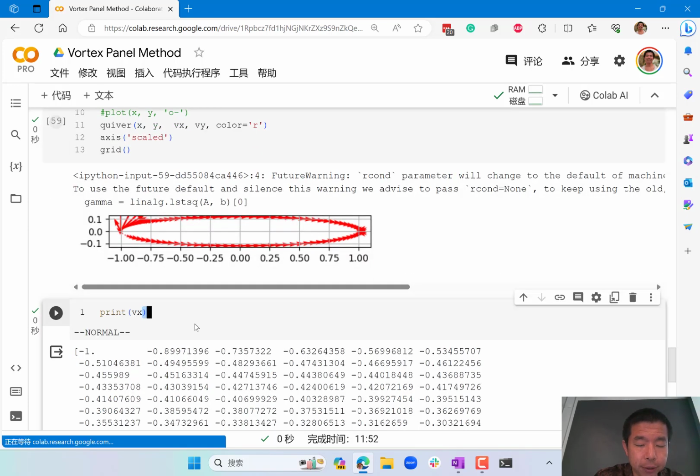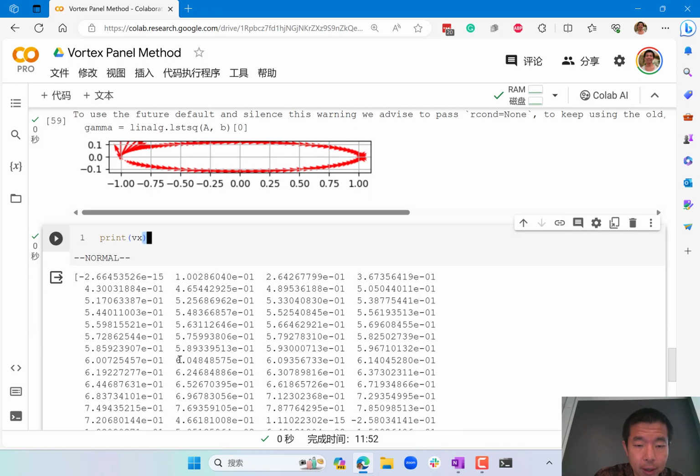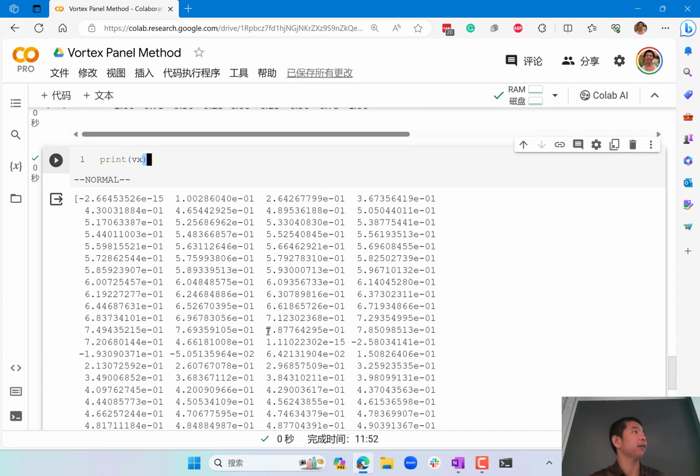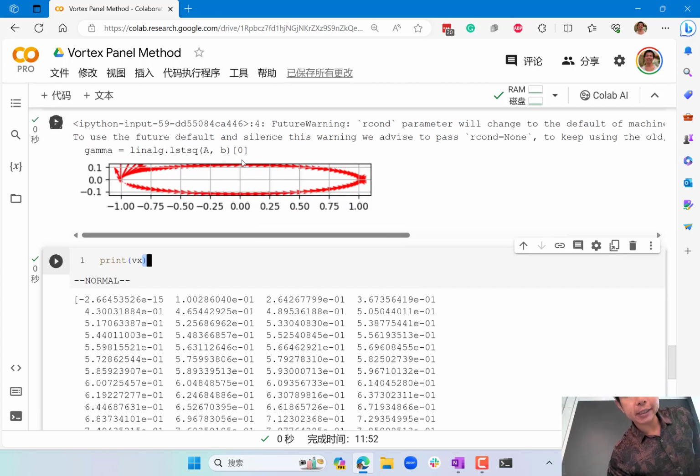And now if you print the velocity field, we're going to see that everywhere it is actually less than 1. The reason is that this velocity field computes the velocity at the center of each vortex, so it does not include the contribution from that vortex itself.